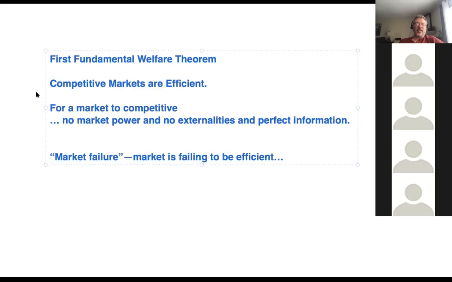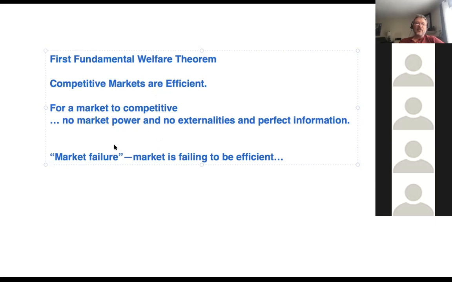But hopefully you understand that's how we describe market failures, is that the market's failing to be efficient. And so this kind of gives you a clue that, when we look at the first fundamental welfare theorem, it tells us that competitive markets are efficient, right?